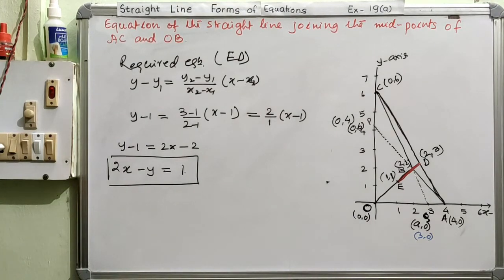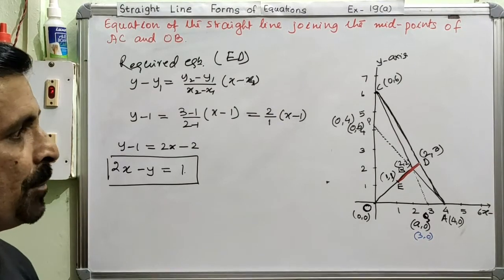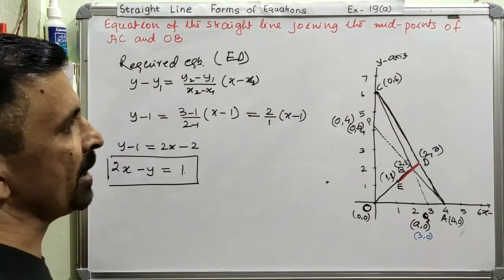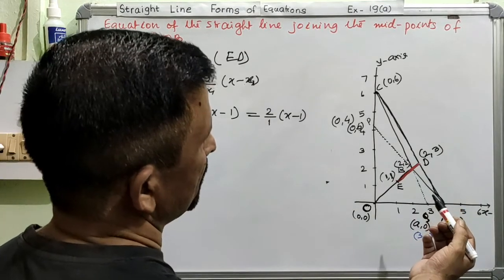Is this okay? Now the last part of this question, number 12, says, now prove or verify that this line passes through the midpoint of PQ. Where is PQ?